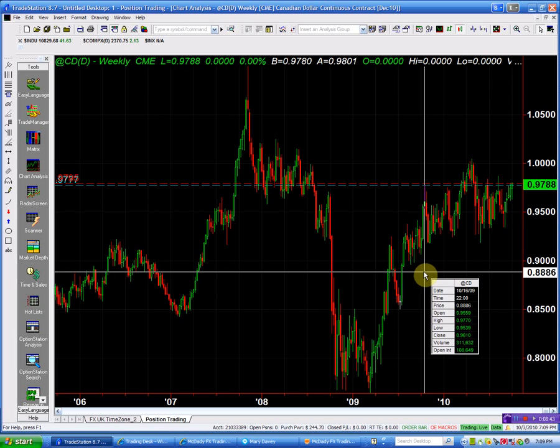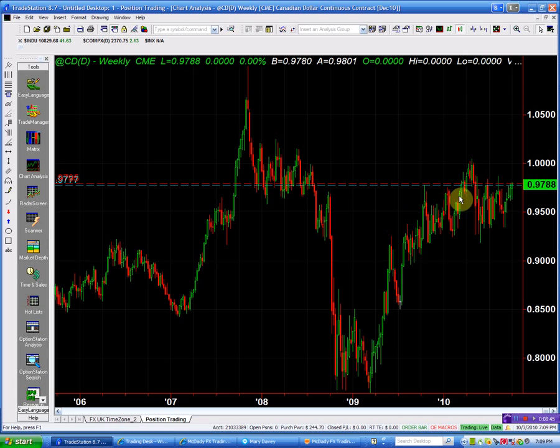Actually, we're now October. We have been trading in a range of the 97.88. These two lines, this was the high that was set in October 09, and we have been in that congestion now for close to a year.